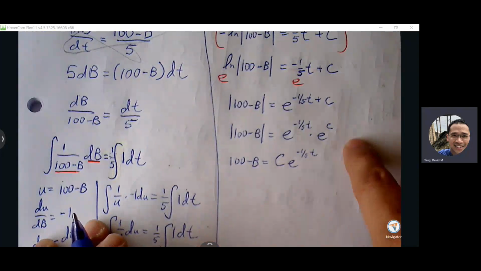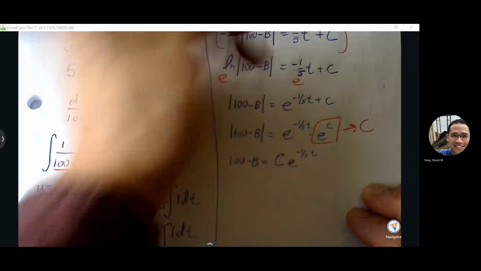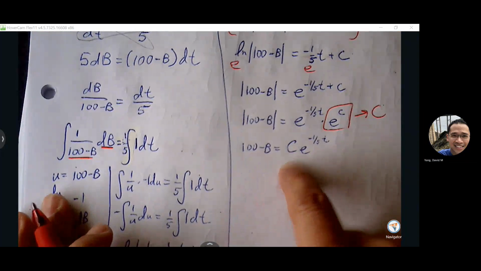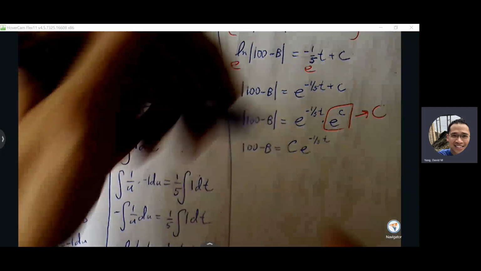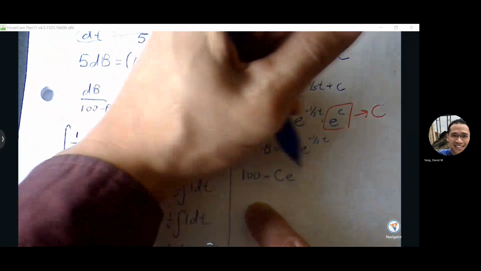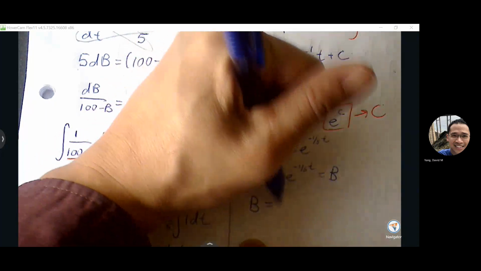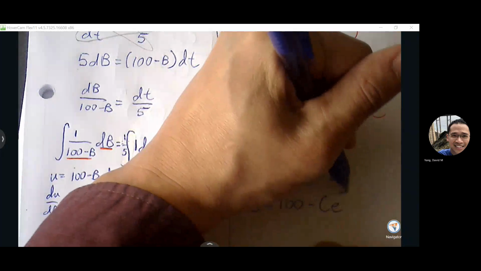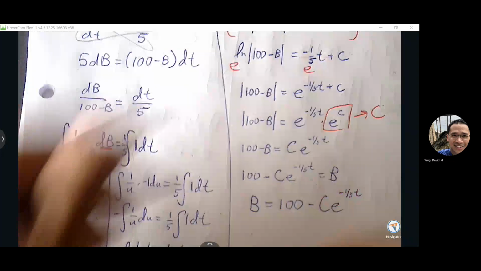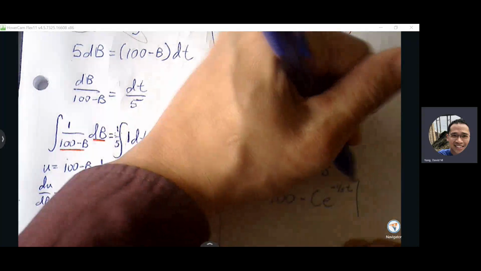I dropped the absolute value. I pulled the C out in front. And now I want to solve for B. So B is equal to... all right, so this is my general equation.